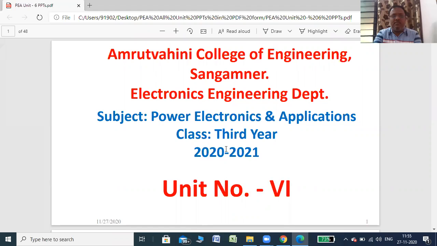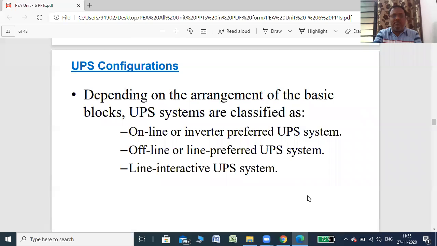Okay, so we'll start the next topic. In the last lecture, we started with the battery charger.